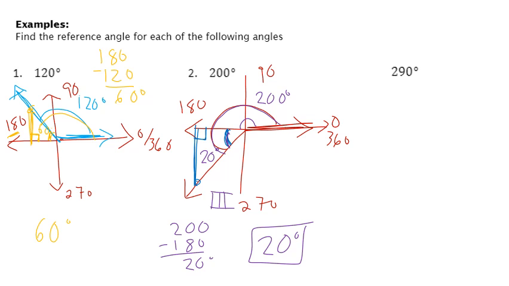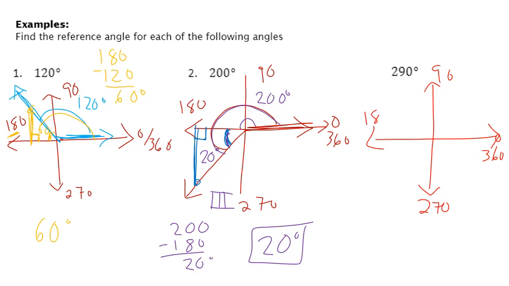And then the last example, same thing. I'm going to sketch 290. And you can see it's going to fall in quadrant 4.